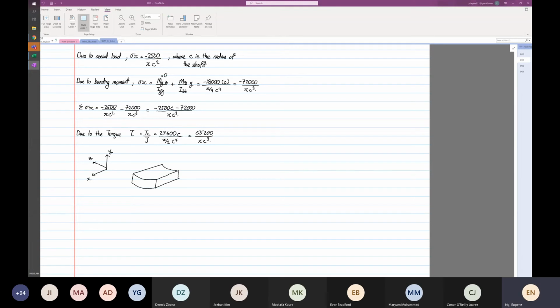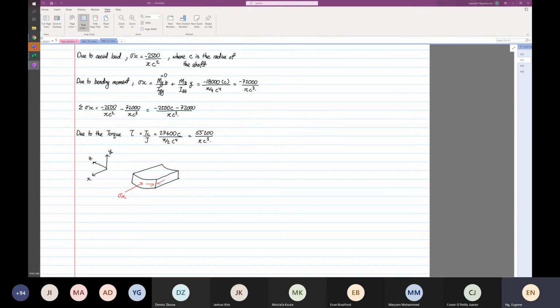Okay, so we know in element C, we have a compression in stress X, right? And based on how the top is rotating, the shear will be in this direction.